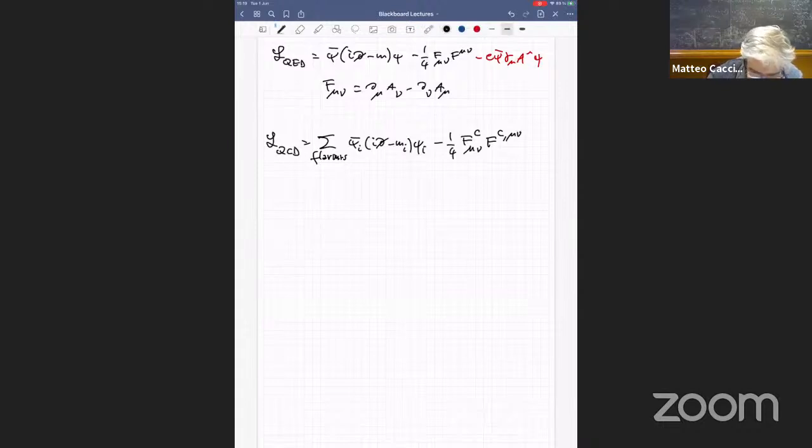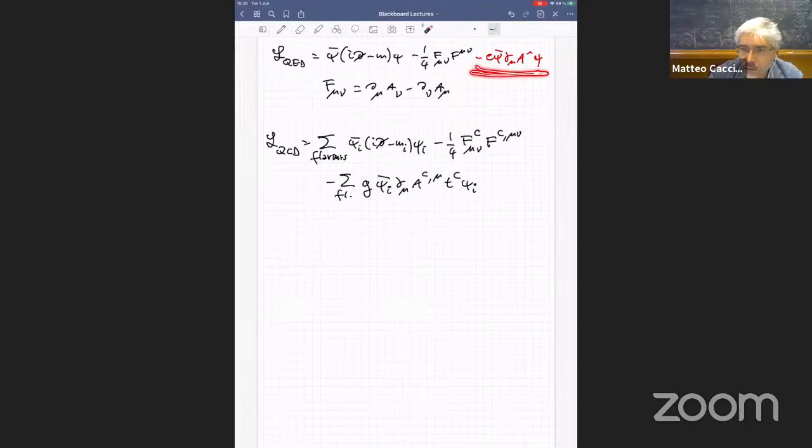Then there is the interaction part, which is minus, again, the sum over flavors, g psi_i bar gamma^mu A^c_mu T^c psi_i. You can compare this interaction term in QED with this one in QCD. Again, they are very similar.